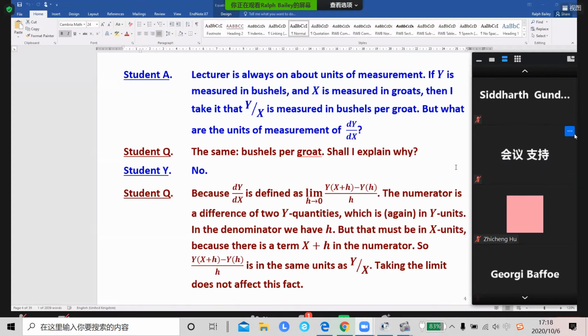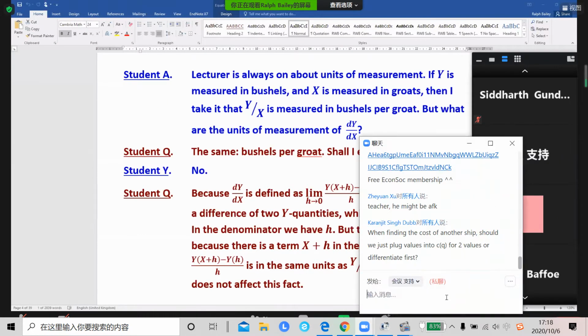The amount of x you get is measured in x units. So it makes sense that the derivative has the same units as a common or garden slope. That's the way I would express those ideas, but it's the first point that's important: dy over dx has the same units as y over x.